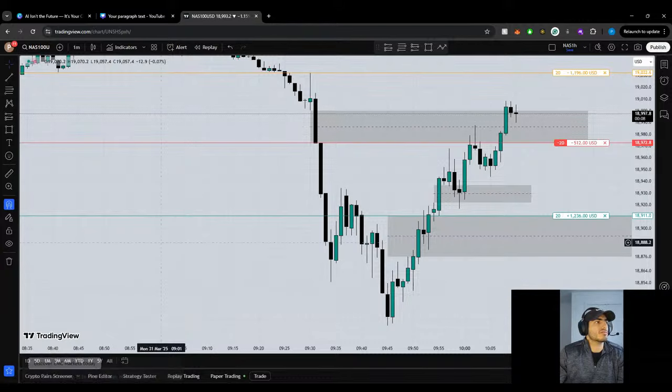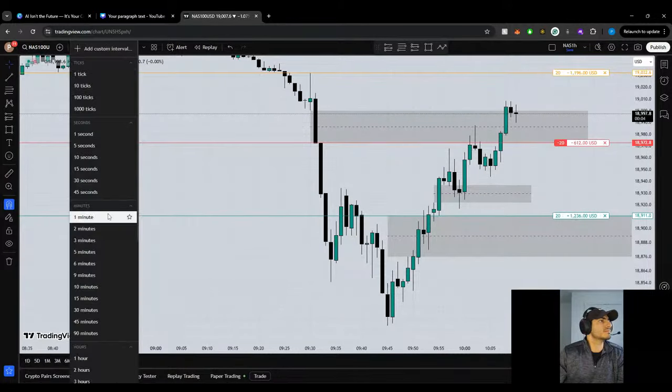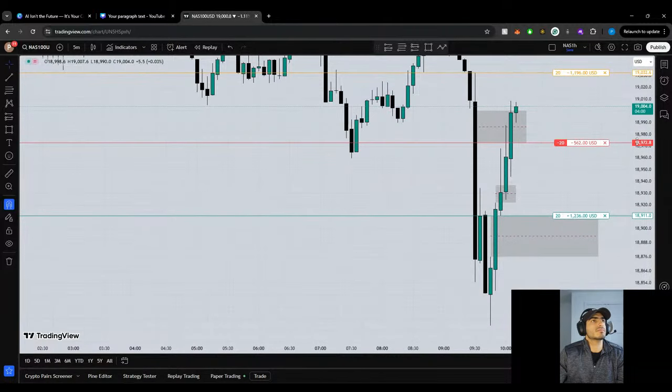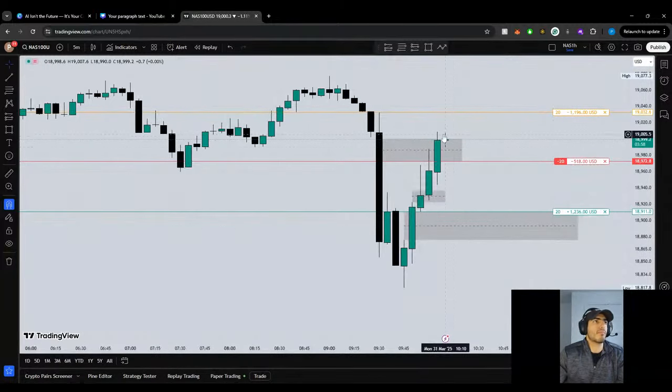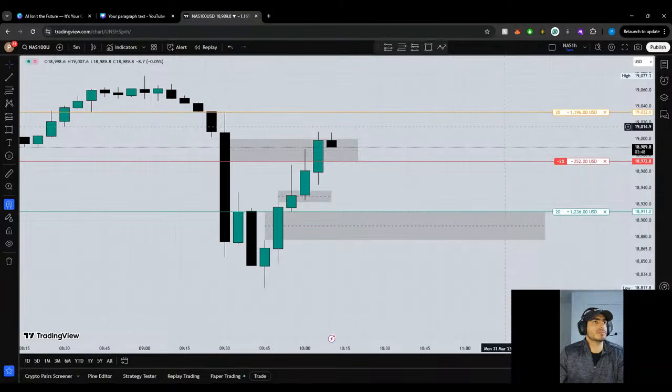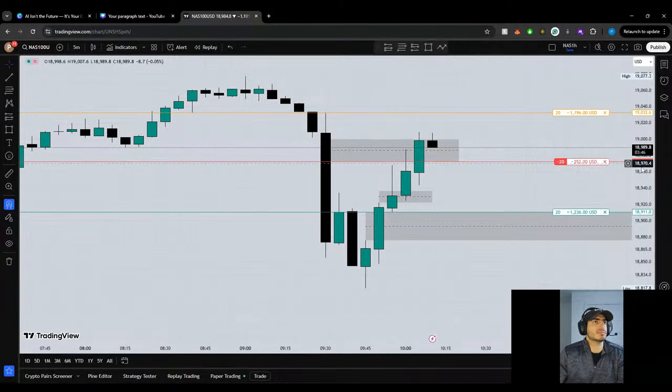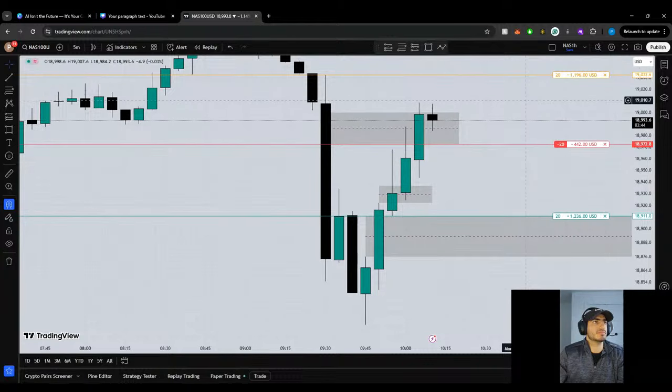Let's go look at it on the 5-minute. This looks nasty though. Not gonna lie. I'm pretty sure it's gonna hit my stop loss if I keep it in.